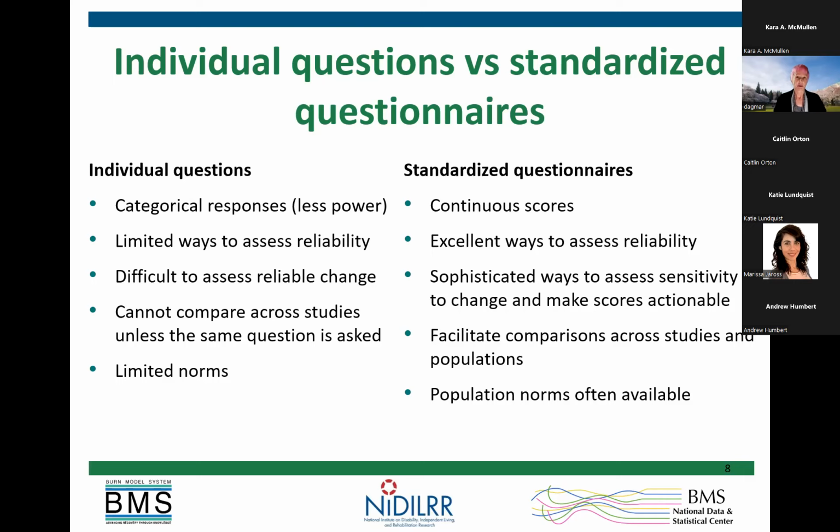When you think of something like pain intensity, 0 to 10, is it meaningful when a patient moves from pain intensity of 3 to pain intensity 4? Or do they need to move at least 2 categories from 3 to 5 in order to feel that in real life? So there are limited ways of assessing that with individual questions.